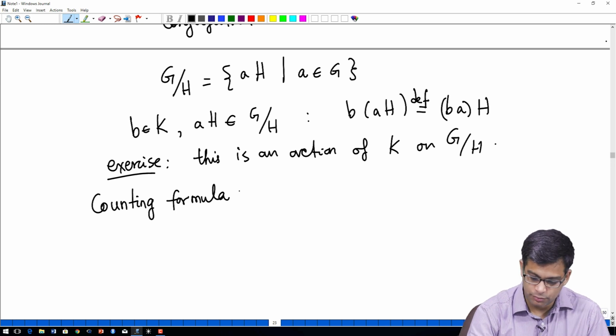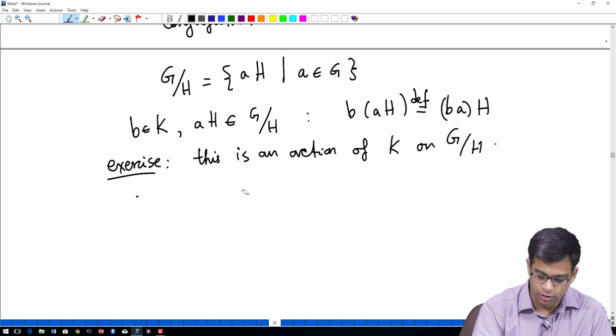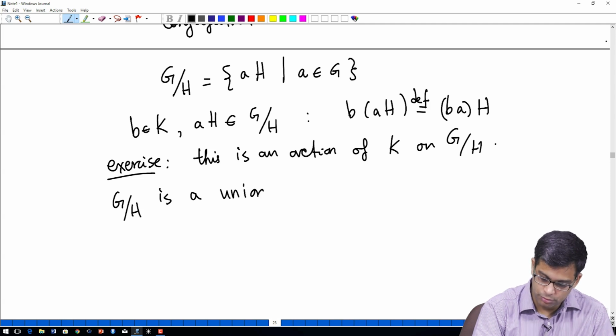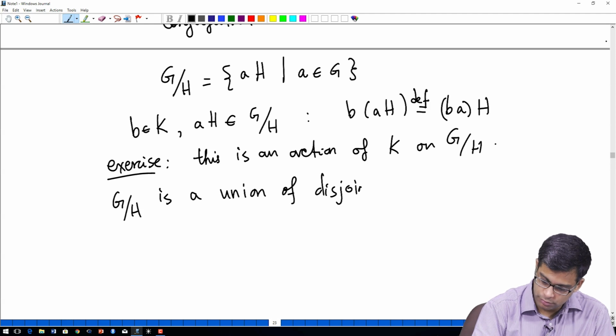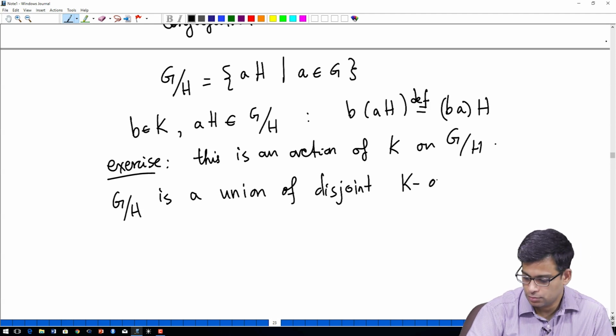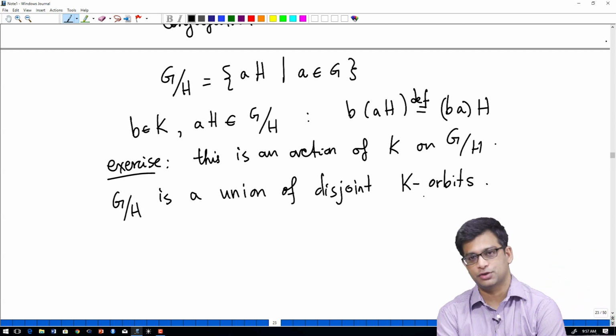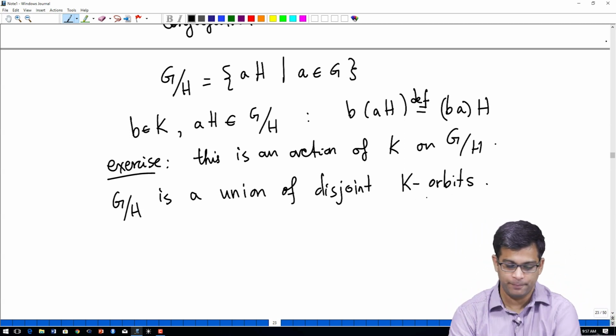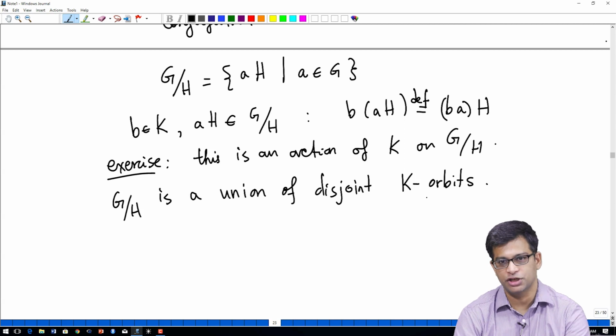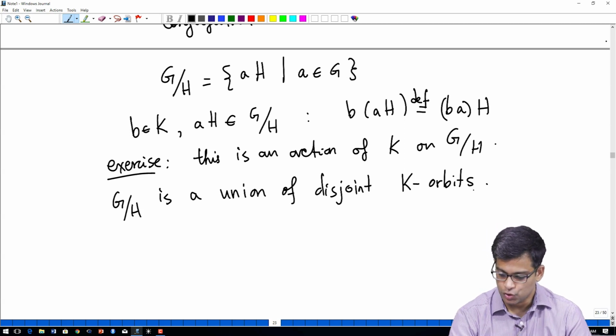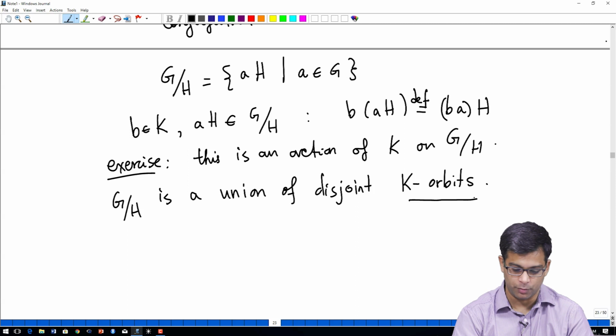Remember G mod H is a union of disjoint K orbits. I am going to use the notation K orbits to denote that it is actually the action of K. Usually we talk about action of G, so here I am looking at action of K, and I am going to stress that by talking about K orbits.